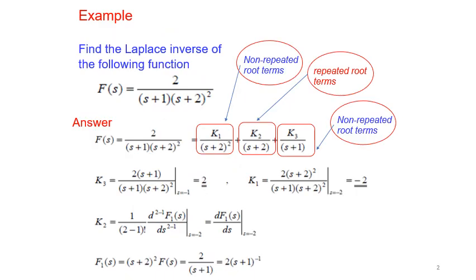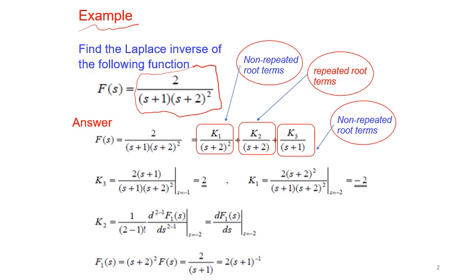Here is an example on real and repeated roots. In this example, you want to find the Laplace inverse of the function given here. So we are going to follow the procedure by finding the equivalent function to this one, similar to what was explained in the previous slide.